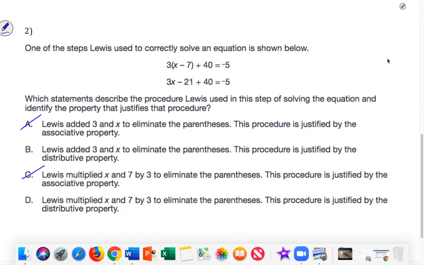Now you said multiply first, right? Now if we look at B, B says added 3. And you were right by saying it's multiplying. So Lewis multiplied x and 7 by 3 to eliminate the parentheses. This procedure is justified by the distributive property. And that's exactly what I did. Nicely done.